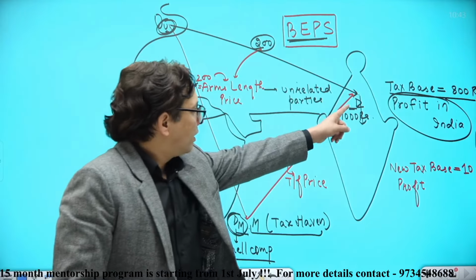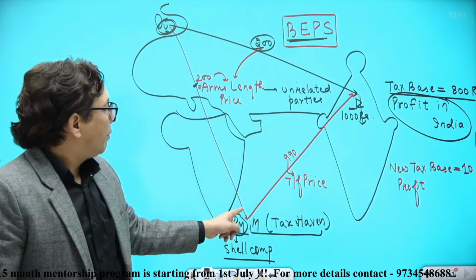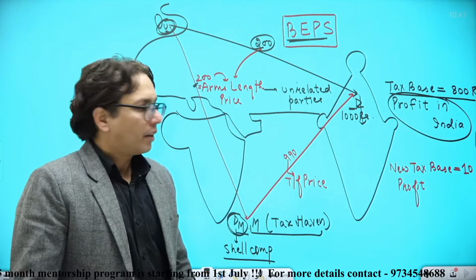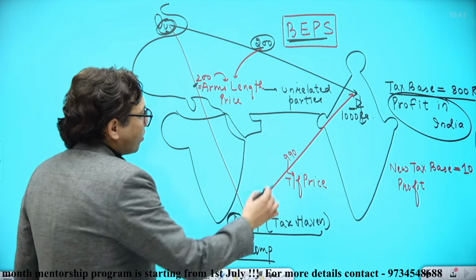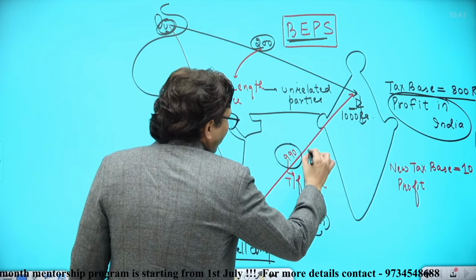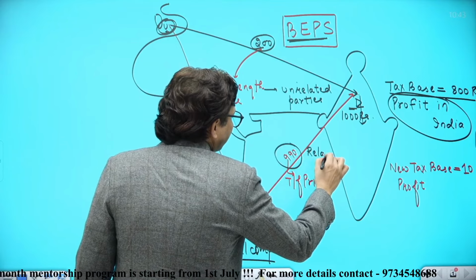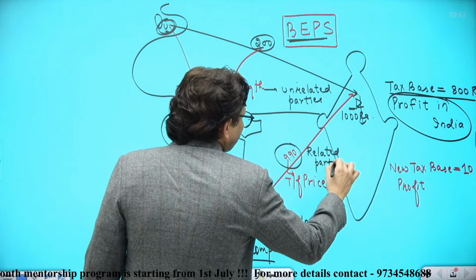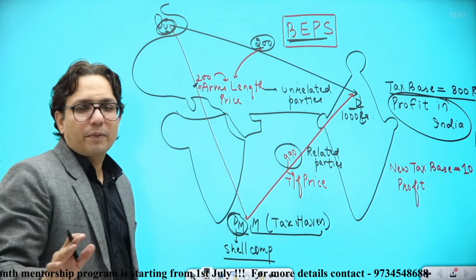Then D imports from DM at 990 rupees. It artificially decides this price. This is the price at which the transaction is taking place between two related parties, and that is called the transfer price. So what is arm's length price?